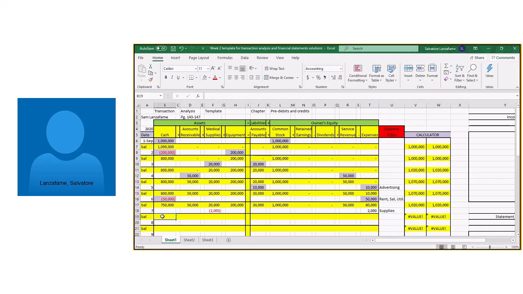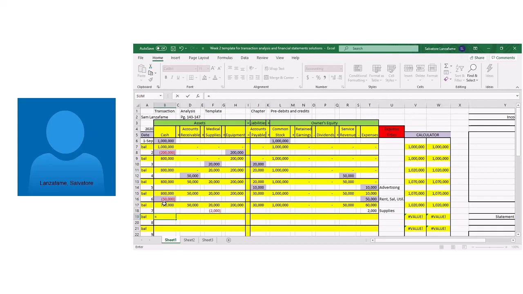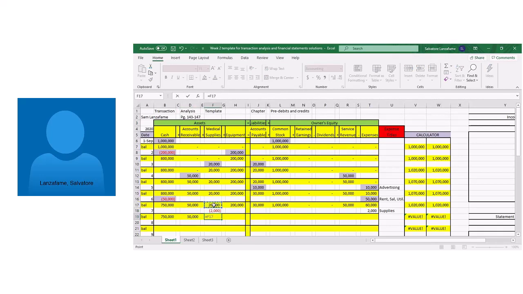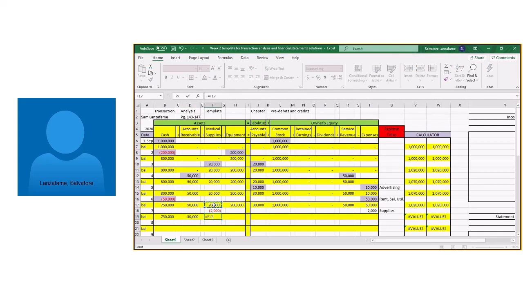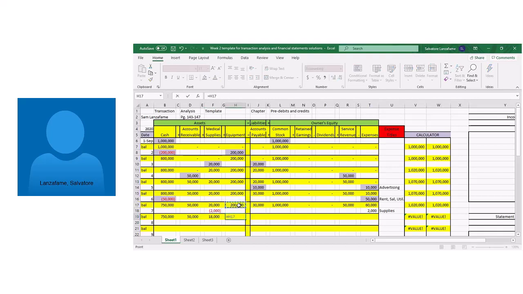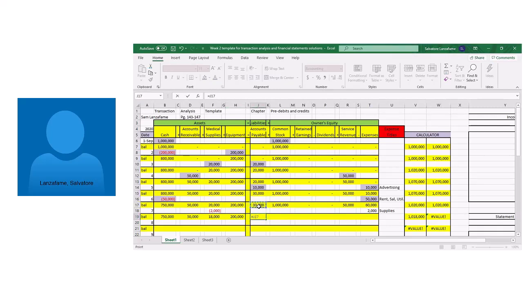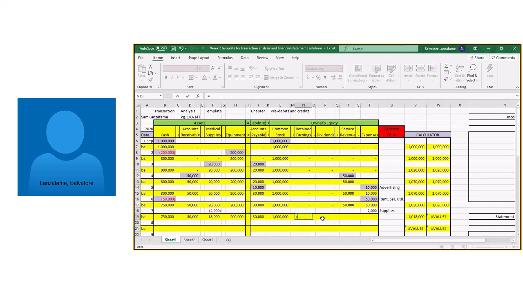Okay. So $750 in cash. We got $50,000 in accounts receivable. $2,000 being taken out of our supplies, so we got $18,000 left. $200,000 worth of equipment. Got 30 grand. We got $1 million still. No retained earnings yet.